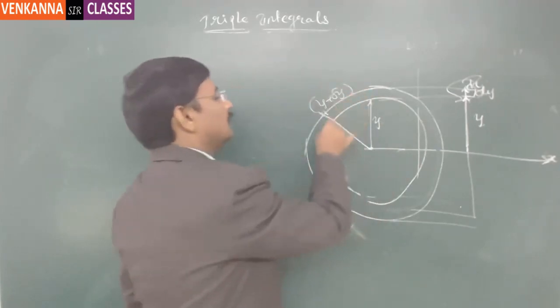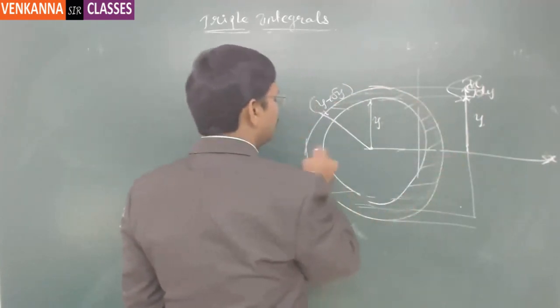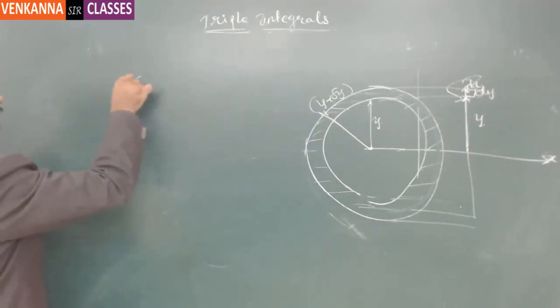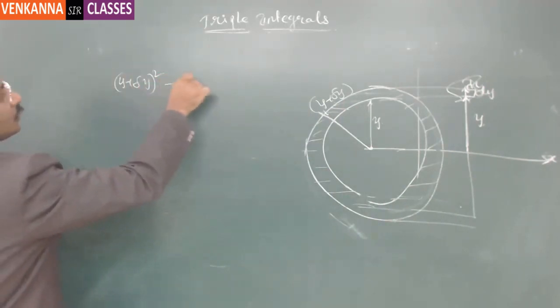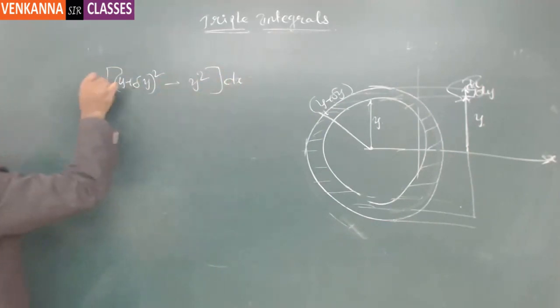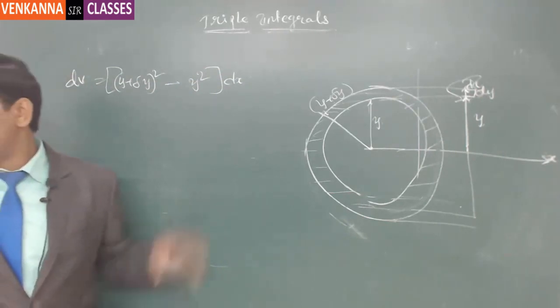If you identify the area first and multiply with delta x, you are going to get the volume. That is pi times y plus delta y whole square minus y square, into delta x. This is nothing but the elemental volume dV. I hope everybody understood this.